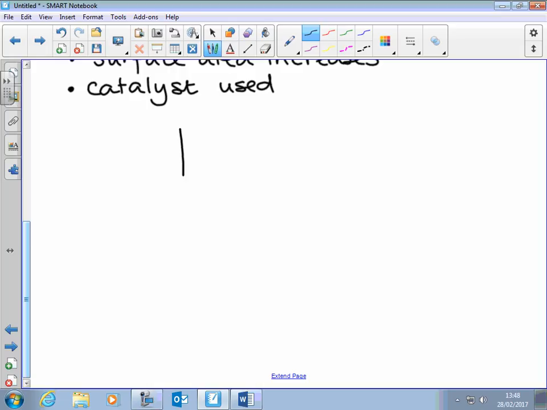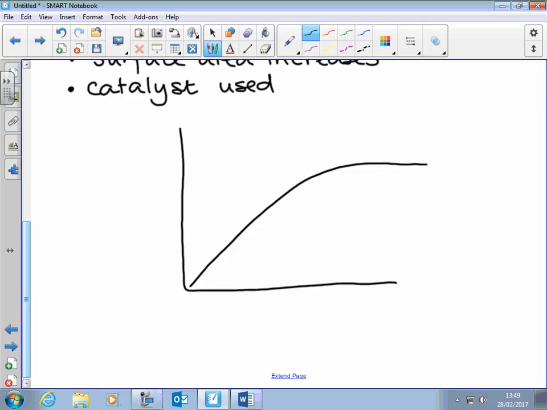If you were to look at it graph-wise, at a lower temperature or a lower concentration or larger pieces, let's say, they all have to flatten off in the end, but it might go off like that. It speeds up at the beginning, keeps going, but then it flattens off.